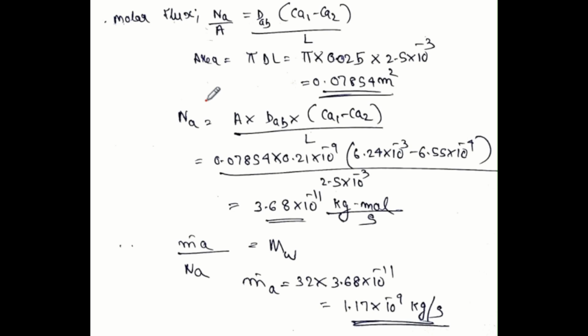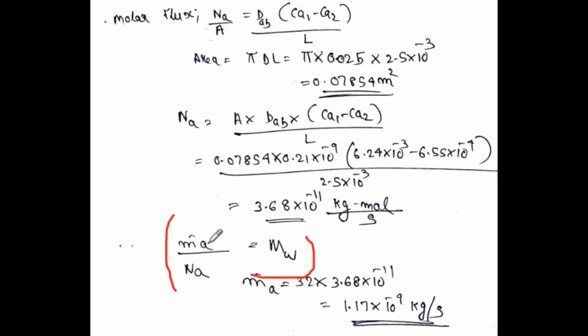Now we have the mole rate. We know the relation between mass and number of moles. Here I can say the mass flow rate divided by the mole flow rate equals the molecular weight. Even if you remove the rate, we know the equation for the number of moles, which is mass in grams divided by molecular mass. The same way we can find it here. Since they have asked us to find the oxygen rate, we need to find m dot A, that means the mass rate.